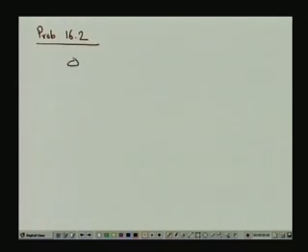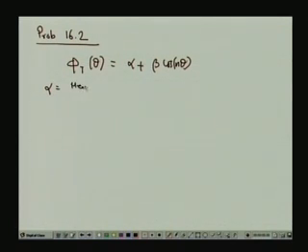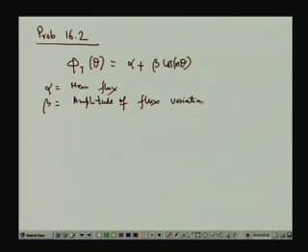Here we know that phi(t, theta) equal to alpha plus beta cos n theta, right, where alpha is the mean flux, beta is the amplitude of the flux variation, and n is the number of blades.